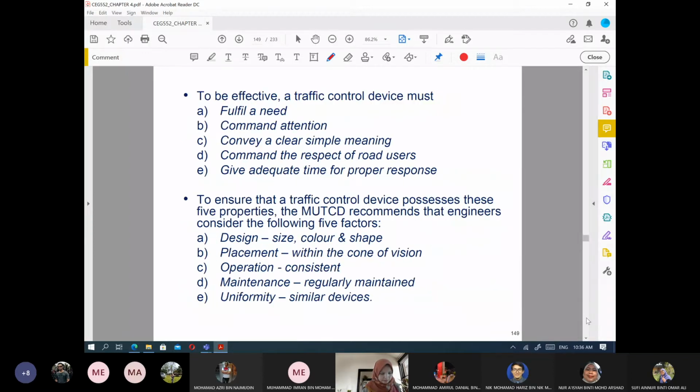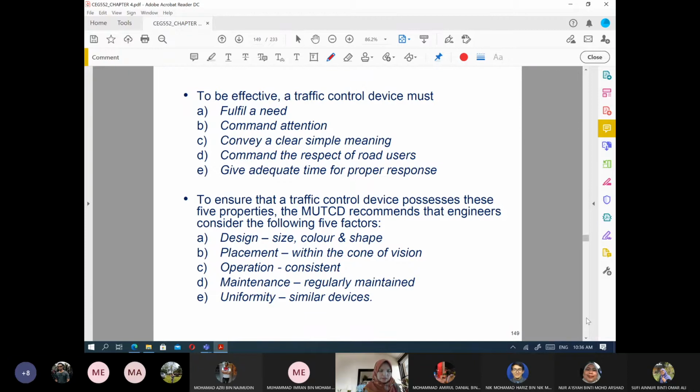Okay, so this is the function. When you have a traffic control device, they must fulfill a need, command attention, okay, convey a clear, simple meaning, command the respect of all road users, and give adequate time for proper response. So this is especially for traffic lights lah.